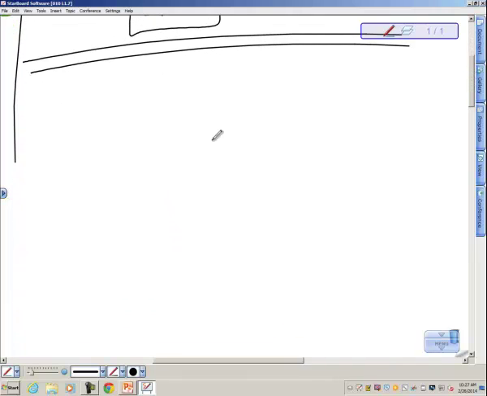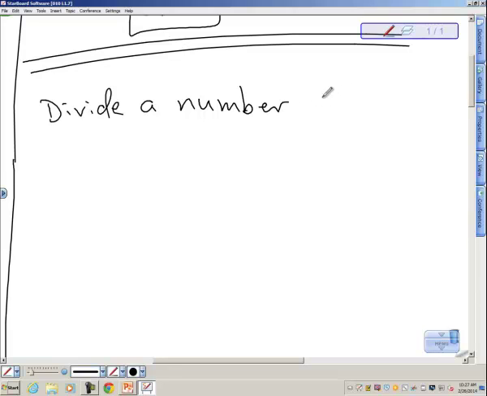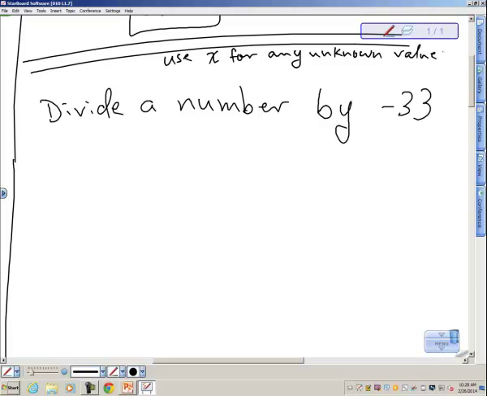One more. Now we want to divide a number by negative 33. We'll use x for any unknown value. That would be x divided by negative 33.